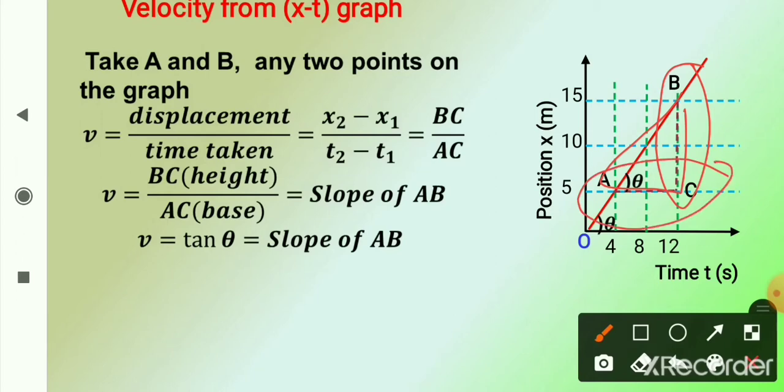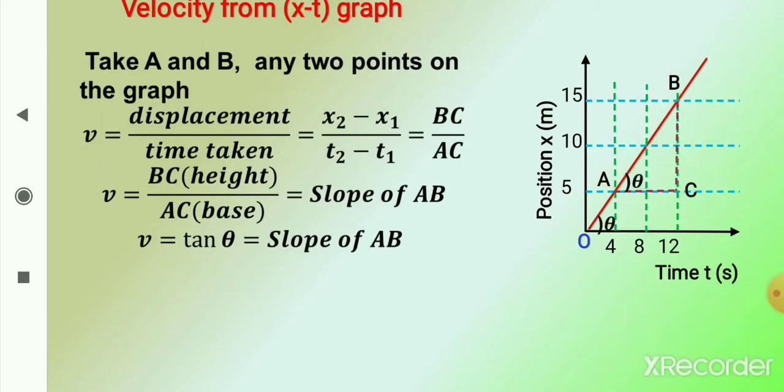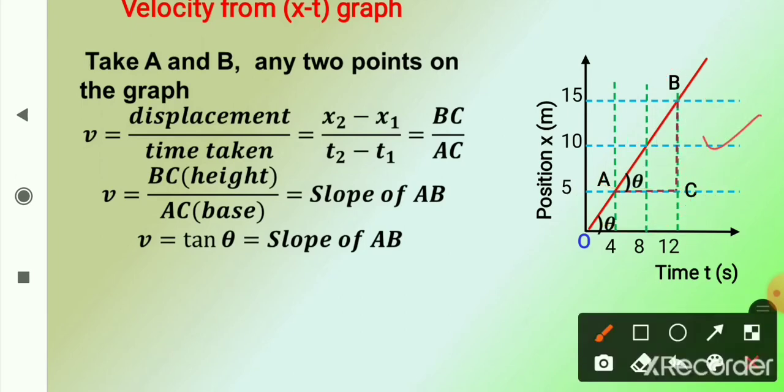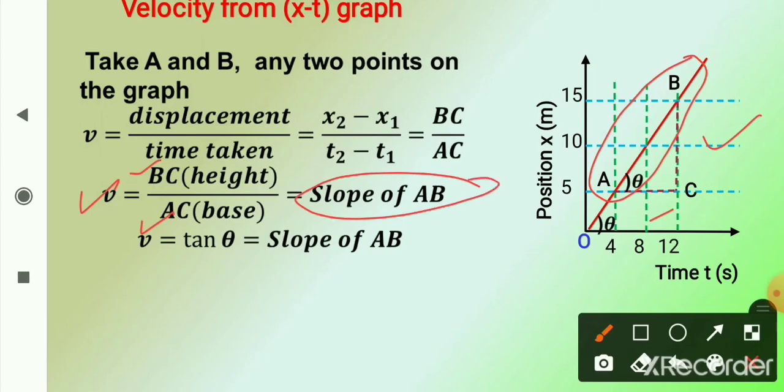So height upon base, or altitude upon base, for a right triangle is called the slope of the hypotenuse AB. So this velocity V is BC upon AC, height upon base, and this is the slope of this line AB, right?